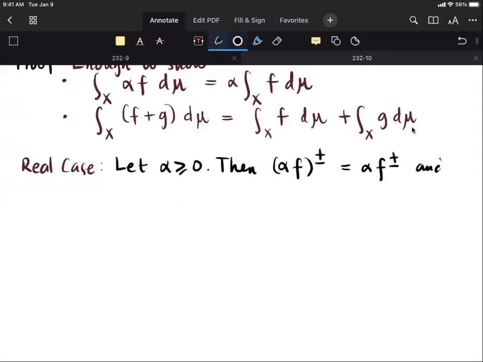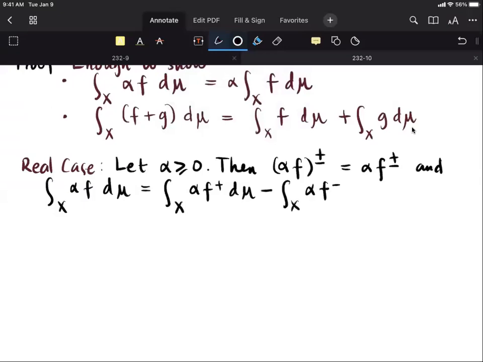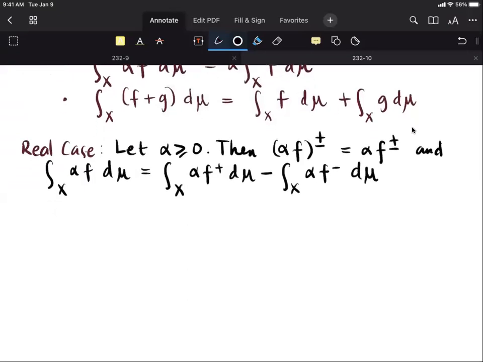And therefore, the Lebesgue integral of alpha f, which is the Lebesgue integral of the positive part minus the negative part, and applying the previous identity, you have this. So here we apply the definition and apply this equation here.